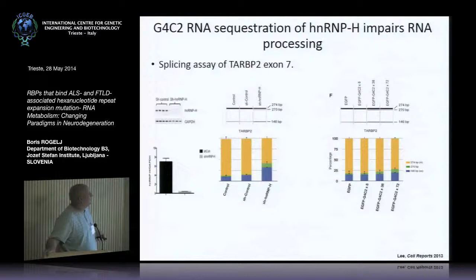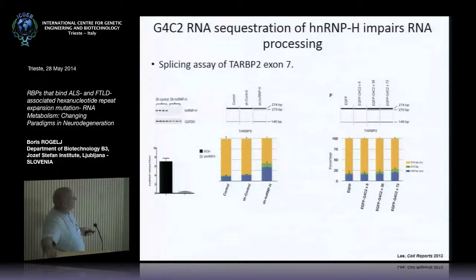Then we looked at the potential function of hnRNP-H, and there's a paper showing some effect of hnRNP-H loss or knockdown on splicing, and one of the targets is TARBP2, exon 7. So there could be reduction of inclusion of exon 7 upon the knockdown of hnRNP-H.